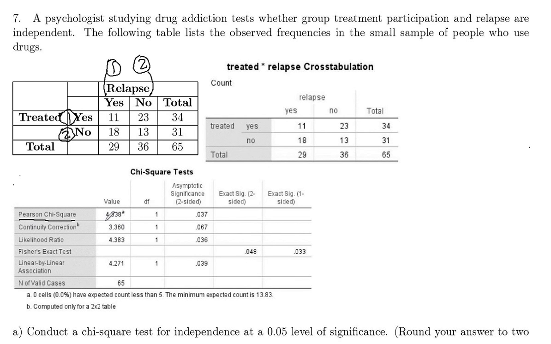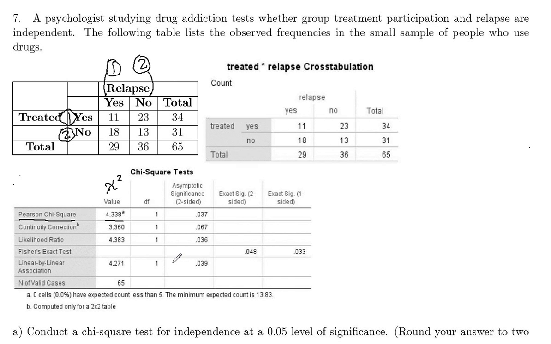We got our test statistic right here, which is the chi-squared value, and there's a superscript A by it, and it says here, note 0 cells had an expected count less than 5. So these are our observed counts.